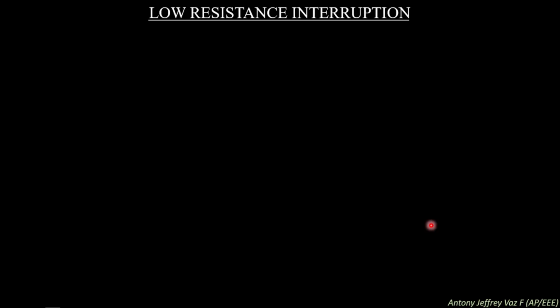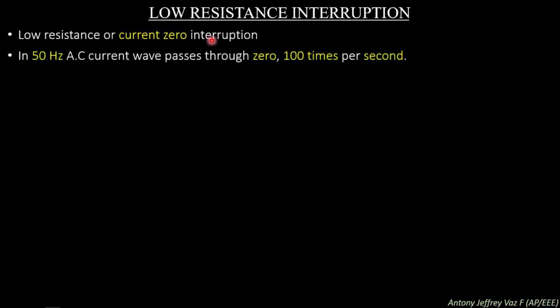Low resistance or current zero interruption. In 50 Hz, the AC current wave passes through zero 100 times per second. At every current zero, the arc vanishes for a moment.